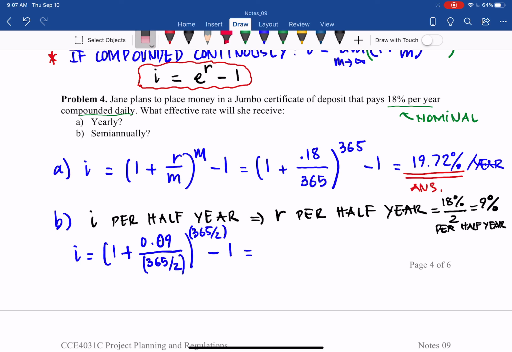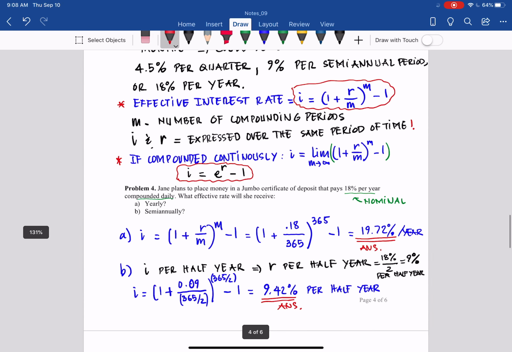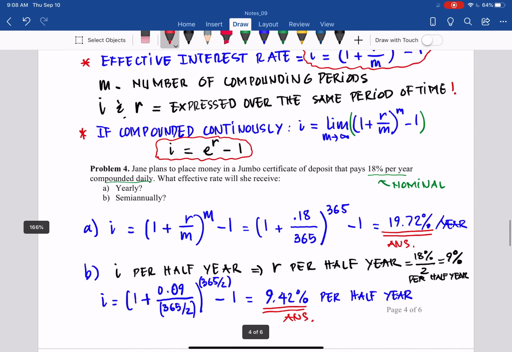I divide by 2 just to show you visually. So it will be 9.42% per half year. It's a little bit tricky here. So keep in mind, R and I in that equation have to be spread over the same period of time. And I think that is the most challenging part of today's lesson on effective and nominal interest.